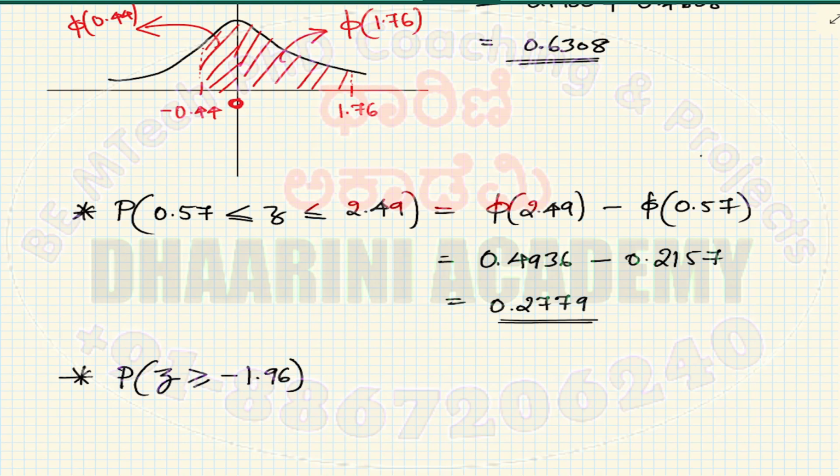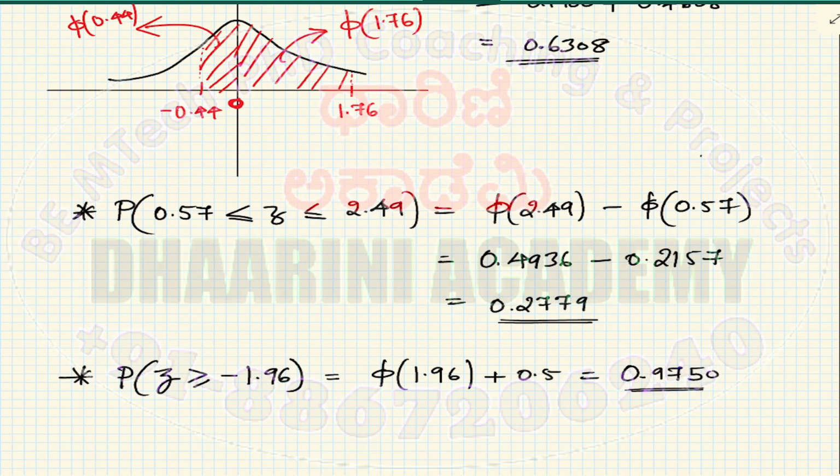So we can write this as phi of 1.96 plus 0.5, correct? That is 0.97. Okay, right.